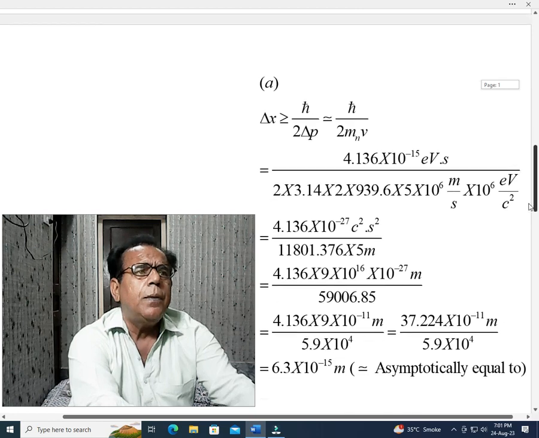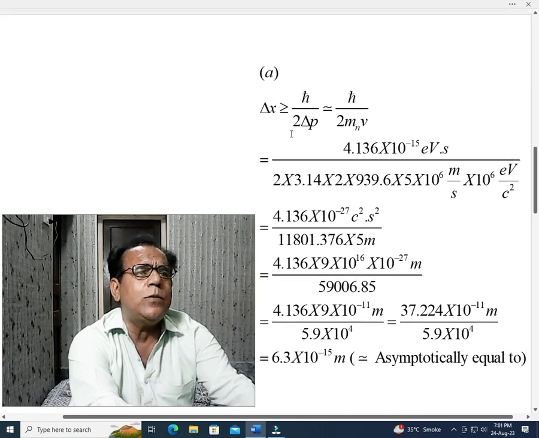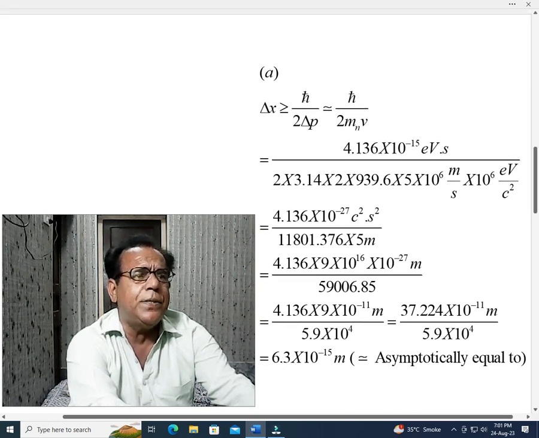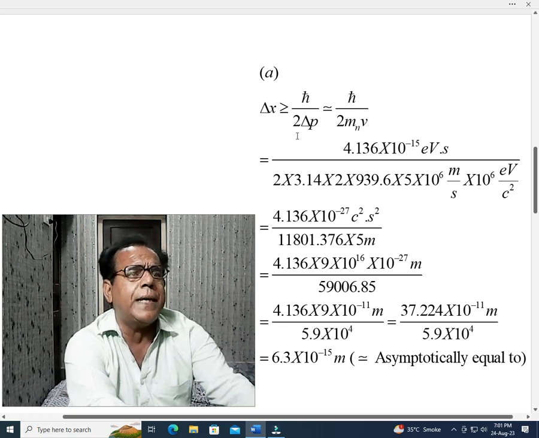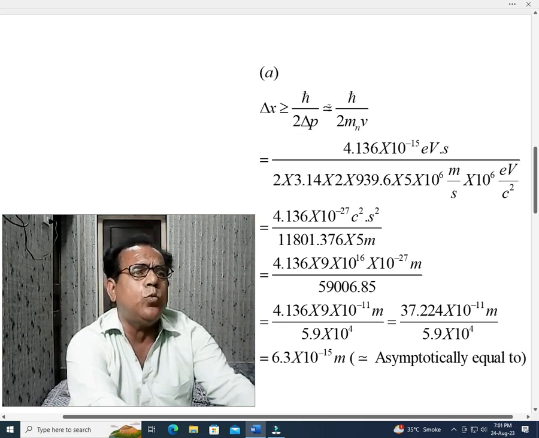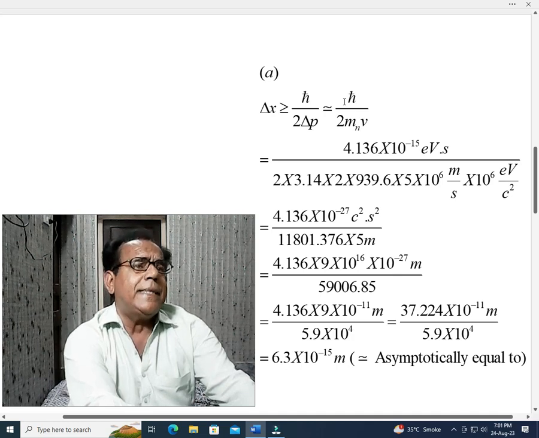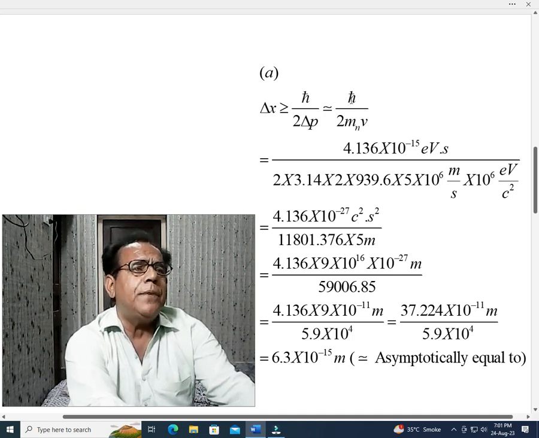So in part A, Δx ≥ ħ/(2Δp). This is equivalent to ħ, where ħ is Planck's constant h divided by 2π, over 2Δp.